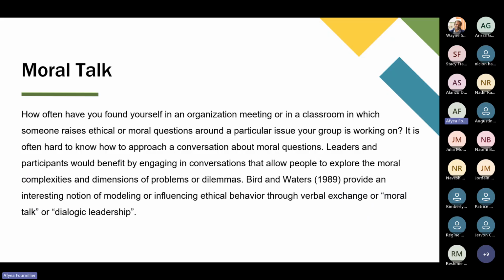It is often hard to know how to approach a conversation about moral questions. Leaders and participants would benefit by engaging in conversations that allow people to explore the moral complexities and dimensions of problems or dilemmas. Blade and Waters provided an interesting notion of modeling or influencing ethical behavior through verbal exchange, which is also known as moral talk or dialogic leadership.